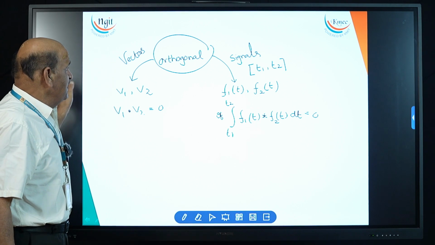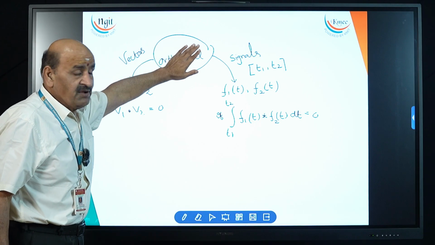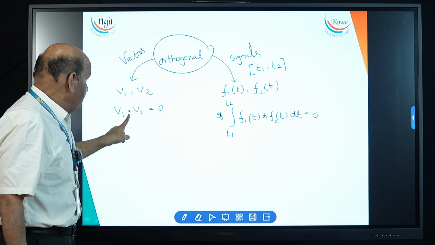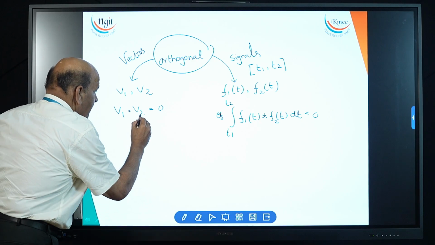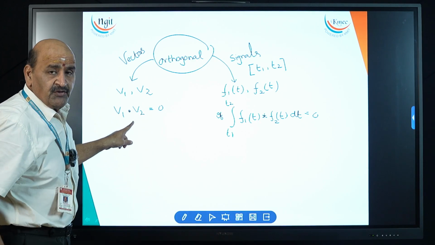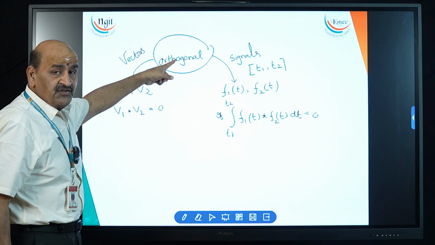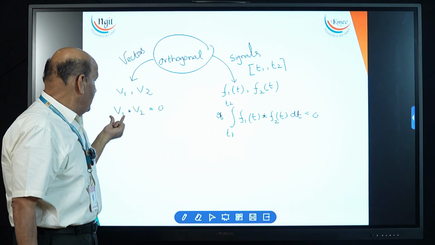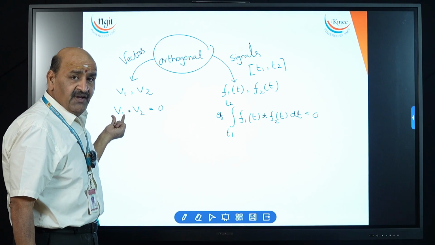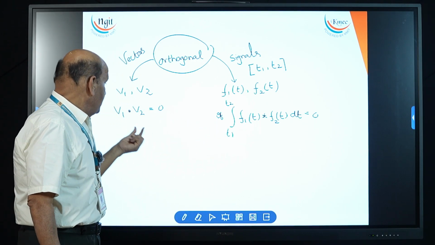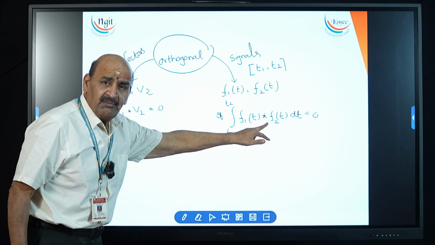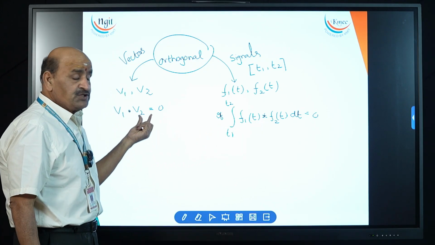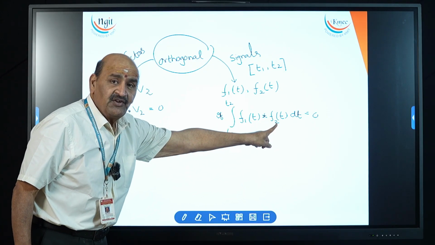Now just look at the same orthogonality property with respect to vectors. The dot product of two vectors equal to 0 means it is orthogonal with respect to vectors. Now look here: V1, here signal 1, here dot, here it is multiplication, here vector 2, but here the second signal.